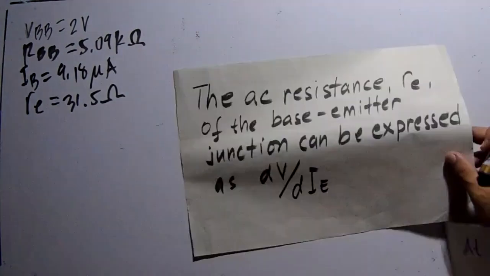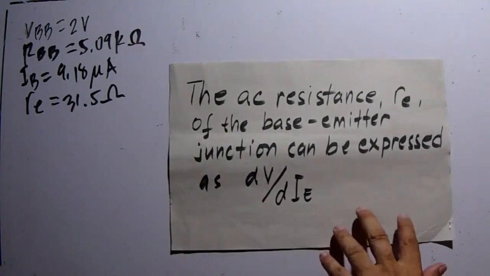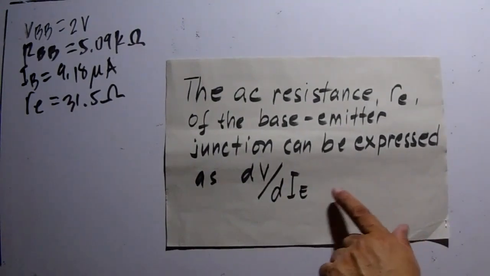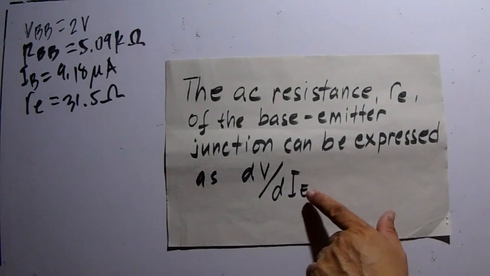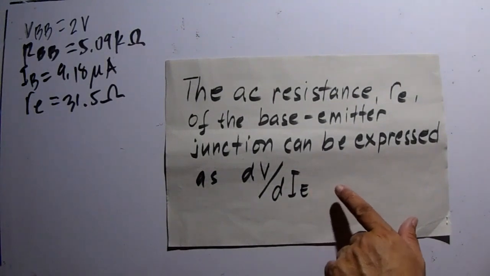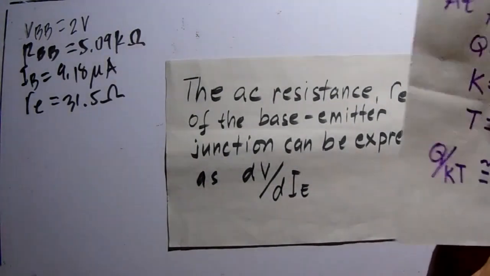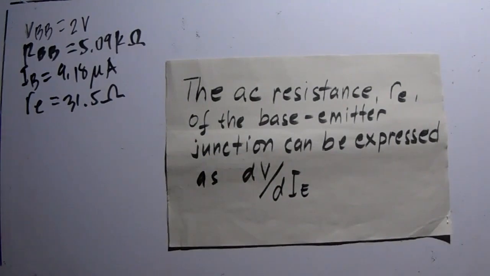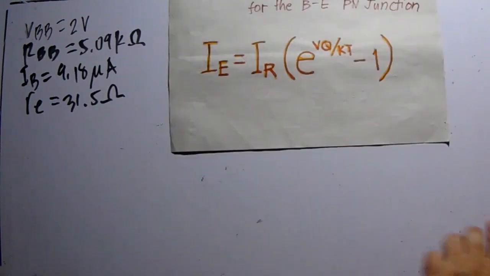Now, the AC resistance RE of the base emitter junction can be expressed as dV over dIE. So, where does that expression come from? From this formula, IE is equal to IR multiplied by the quantity e raised to the power Vq over kT minus 1.